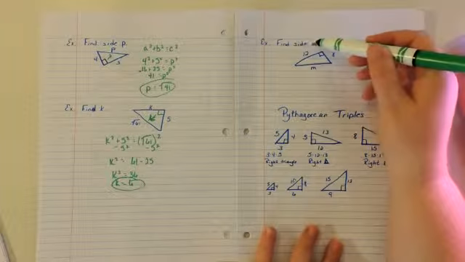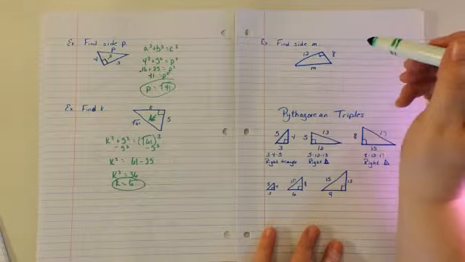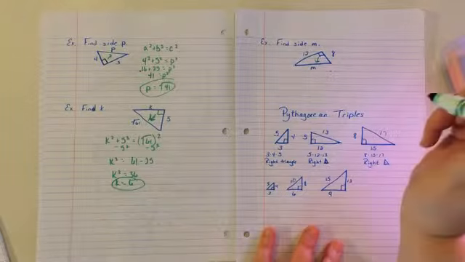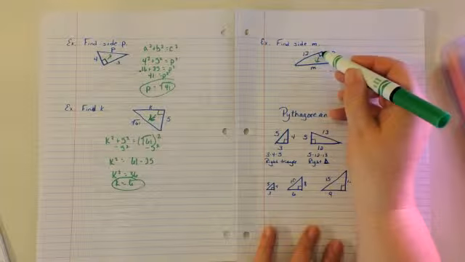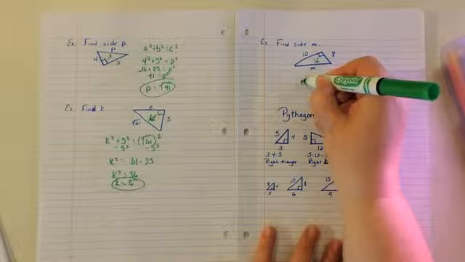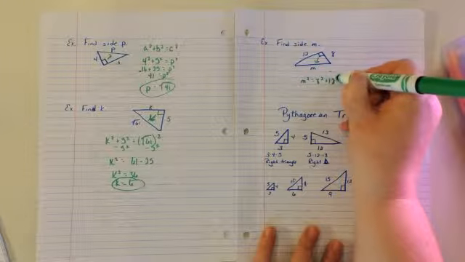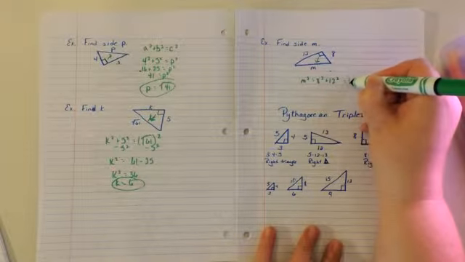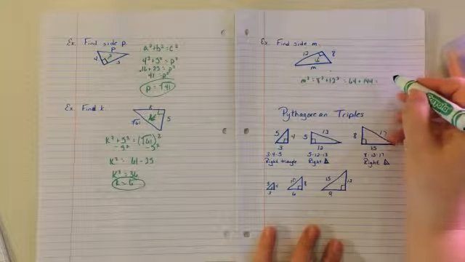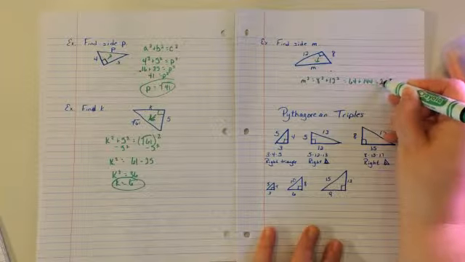Let's try another one. Find the side M. So here's our triangle. Not very well drawn. Here's the right angle. So the M side is the hypotenuse this time. It's the side opposite the right angle. So we have M squared equals 8 squared plus 12 squared, which equals 64 plus 144, which equals 208.